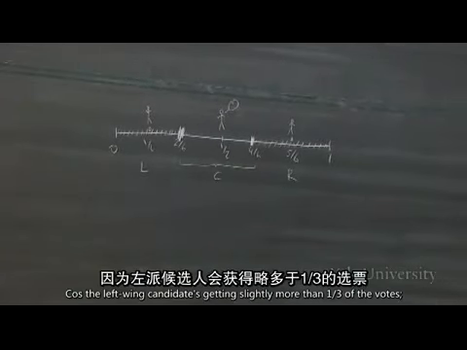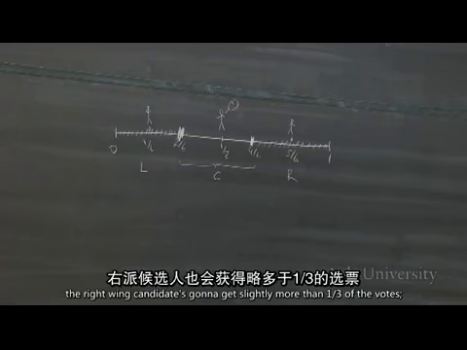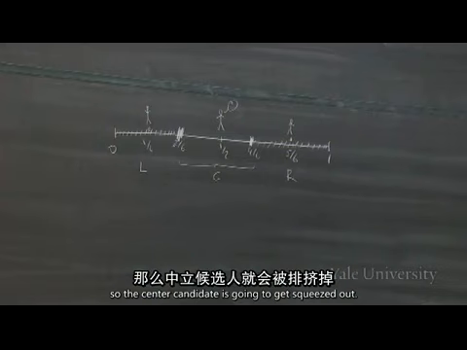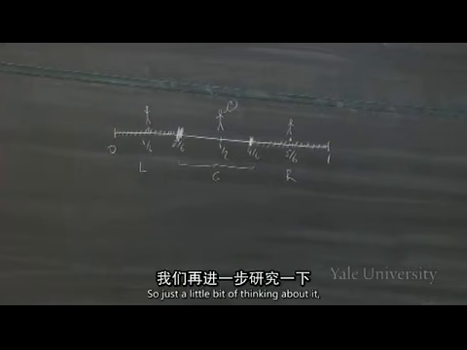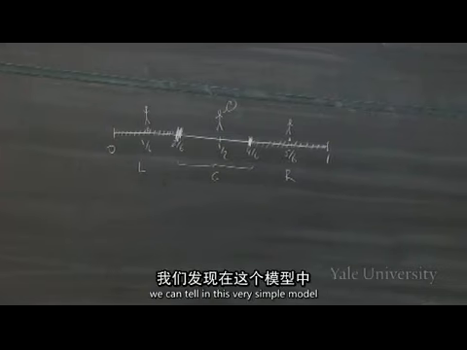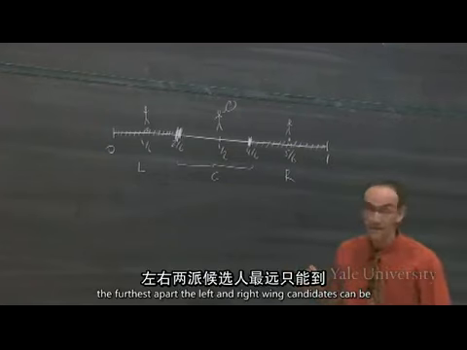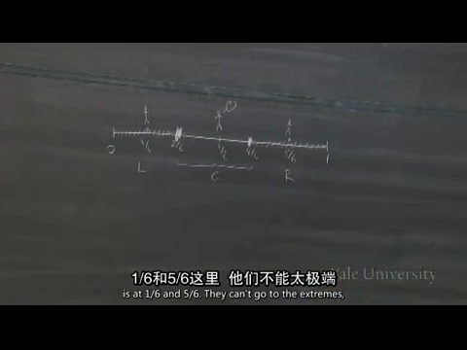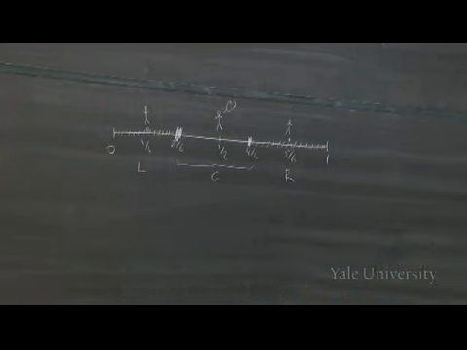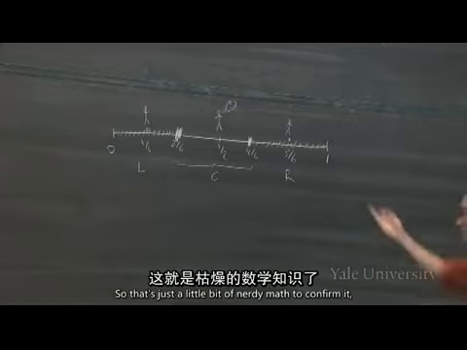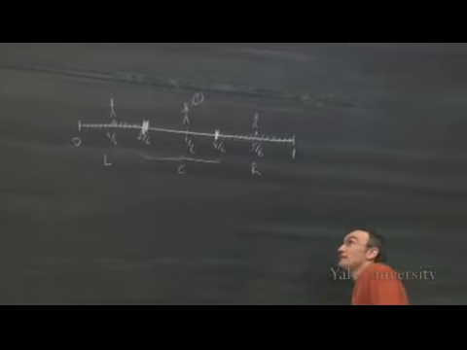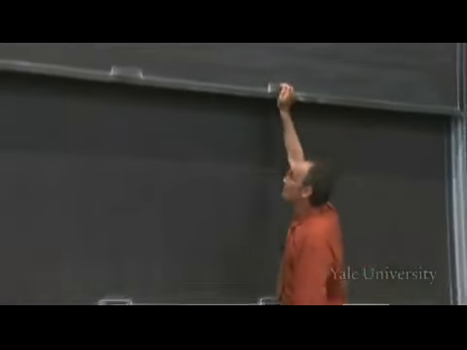Because the left-wing candidate's getting slightly more than a third of the votes, and the right-wing candidate's going to get slightly more than a third of the votes, so the center candidate's going to get squeezed out. So just a little bit of thinking about it, we can tell that in this very simple model, the furthest apart the left and right-wing candidates can be is at 1/6 and 5/6. They can't go to the extremes, but they're not pulled all the way to the center. All right? So that's just a little bit of nerdy math, or nerdy thinking about it.